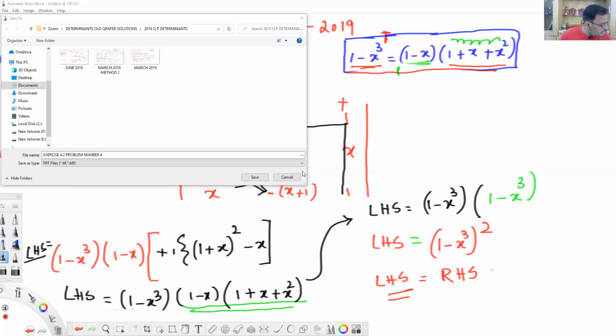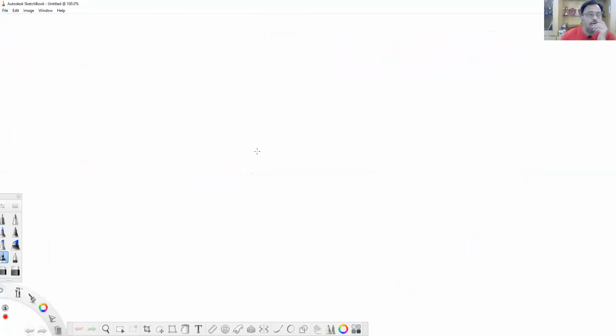So now, last March. Here I'll go for the March 2020 question paper. The question is like this: the determinant with rows x plus 4, 2x, 2x; 2x, x plus 4, 2x; and 2x, 2x, x plus 4.